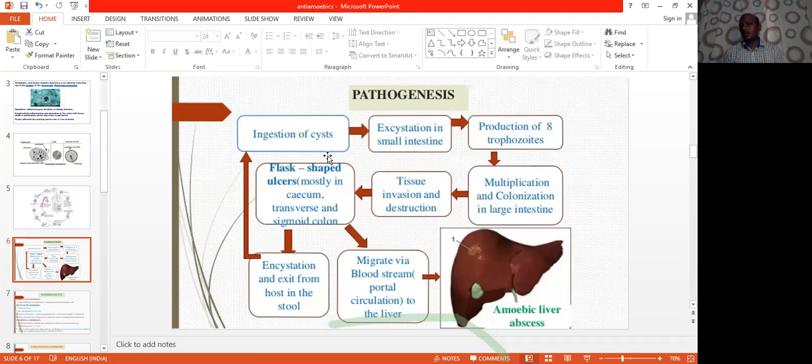It can occur in the lungs, or in serious cases in the liver, lungs and heart, or it can also occur in the spleen, or in the brain. So amoebiasis does not mean only dysentery, that is watery stools or bloody stools. So this is how the pathogenesis occurs.